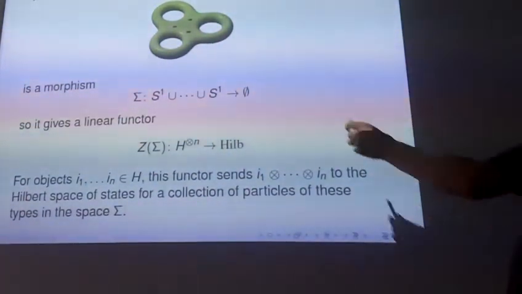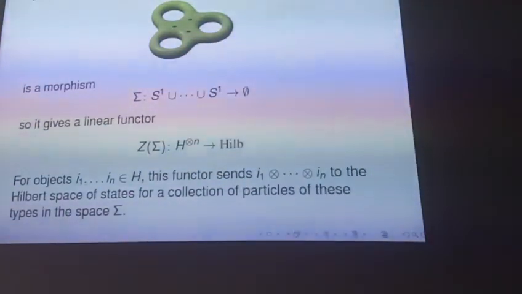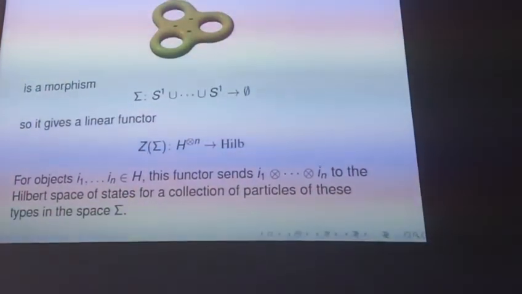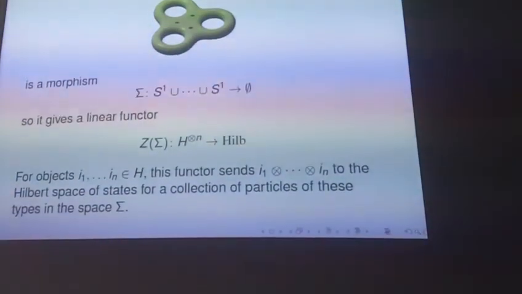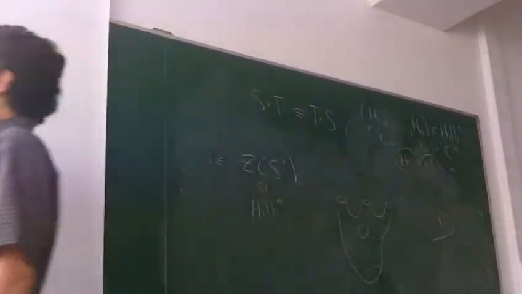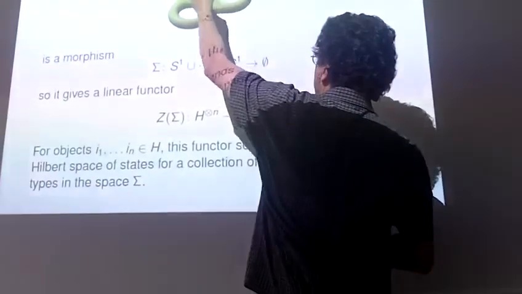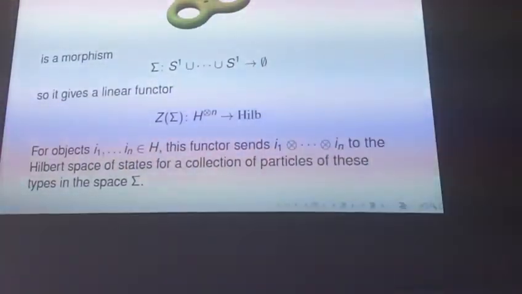So what I'm saying then is if you take these circles and you label them with simple objects, you get a Hilbert space. So a Hilbert space in physics means the set of possible states of a physical system. So we're saying that as soon as I label these circles with simple objects, then I know the possible states of the universe, if this is our universe, our little universe here.